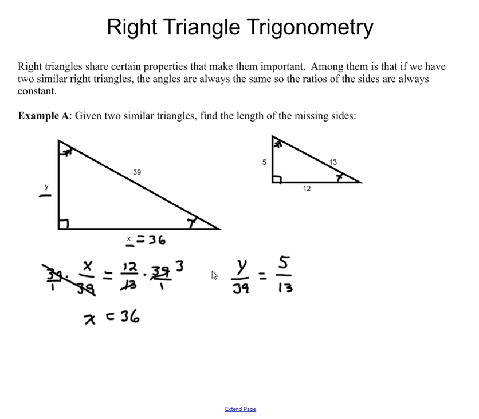So we know that if we multiply both sides by 39 again, the 39s divide out on the left, isolating y. On the right, 39 divides by 13 3 times, and 5 times 3 is 15. And so we know that that would be the length of this side over here. Y equals 15 there.